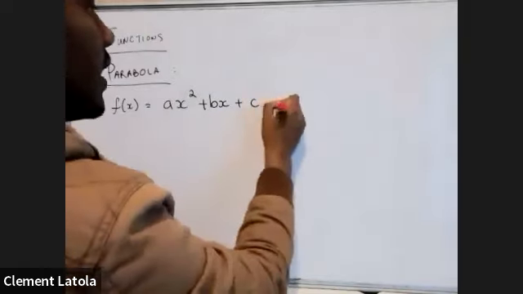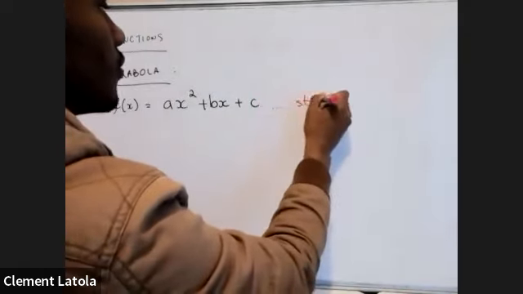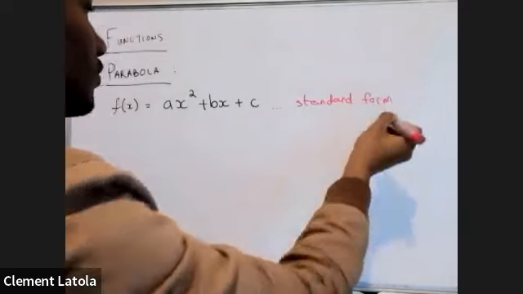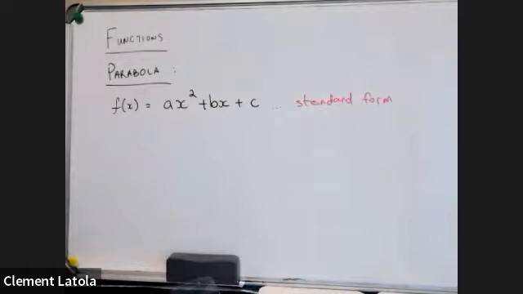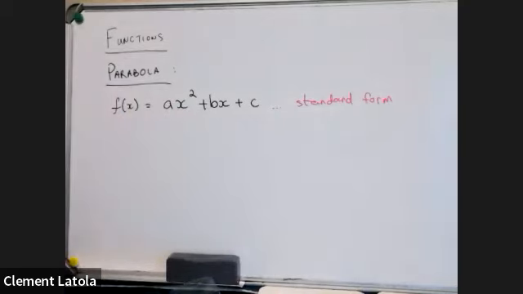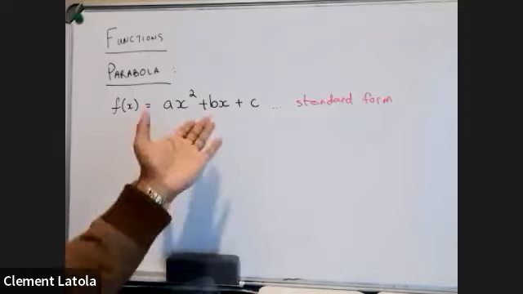So this is the standard form. Normally, when they give you the equation of a parabola, they give it to you in the standard form. They can give it to you in other forms as well, but usually it's in the standard form.